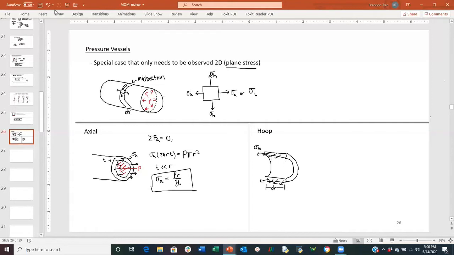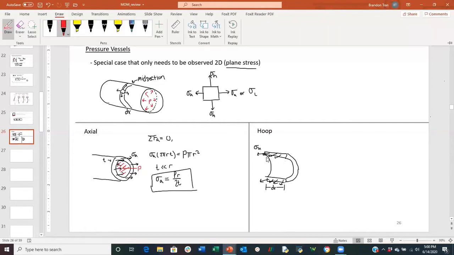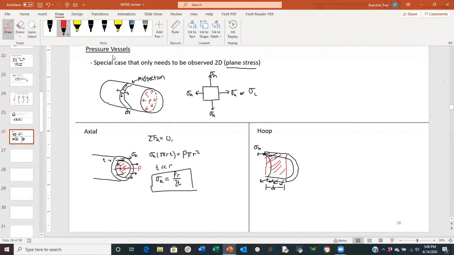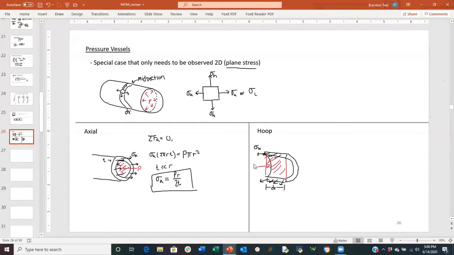How we model the pressure is, again, we superimpose it as a face acting on this whole face as a singular square or rectangular shape, and go ahead and draw the pressure acting on it.